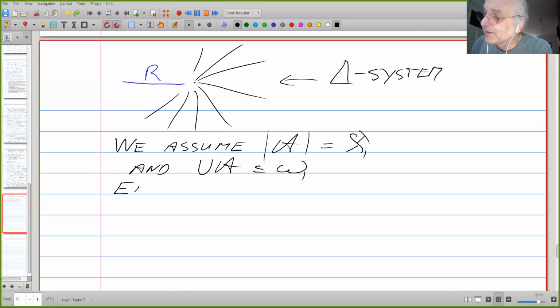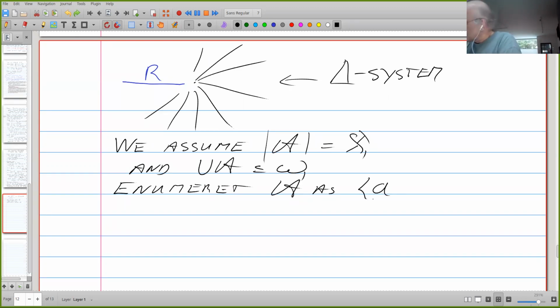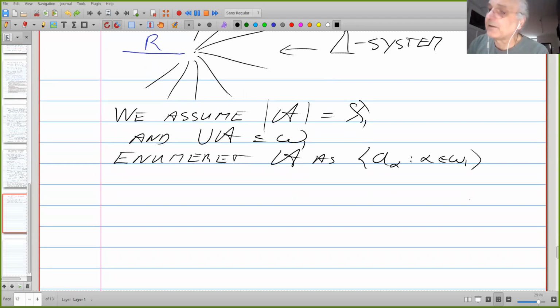And we enumerate A as A alpha, alpha less than omega 1. And we make a regressive function.